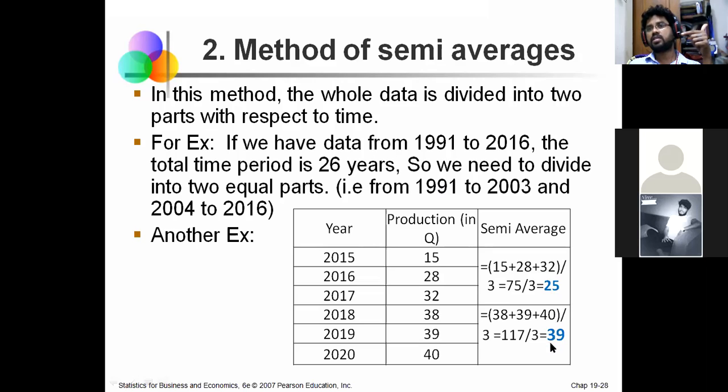The average production is 39. So we should simply conclude that during the second period, nothing but from 2018 to 2020, the average production is very high compared with the 2015 to 2017 average production. Am I right? Durga Prasad, Sravani, Lavakumar, and others? Yes, sir, correct.